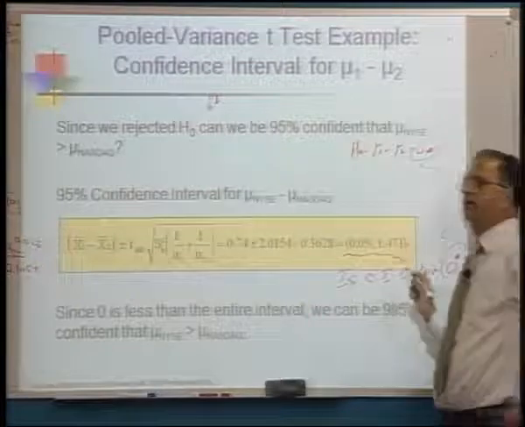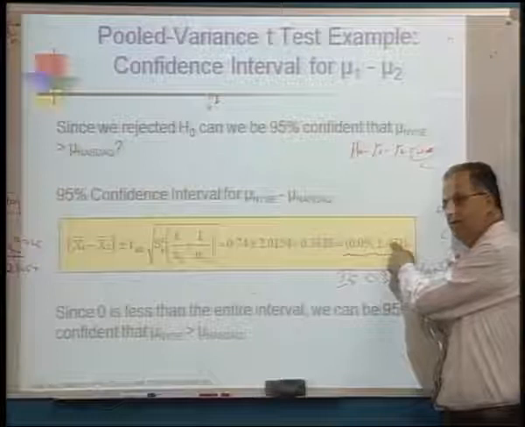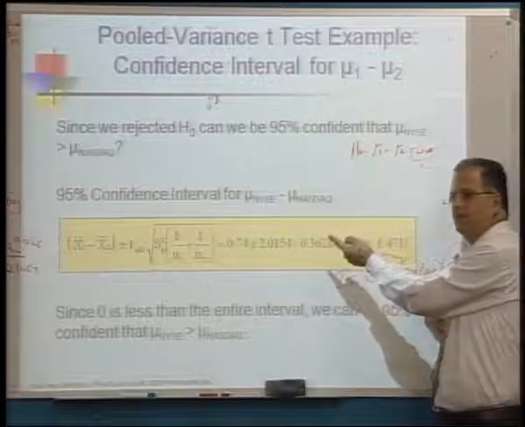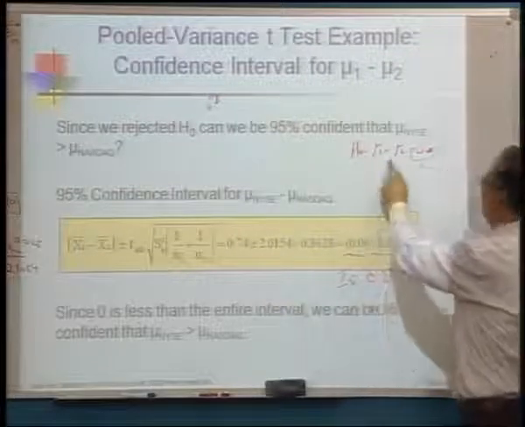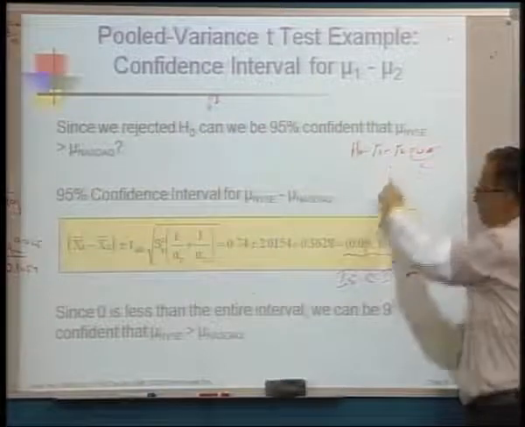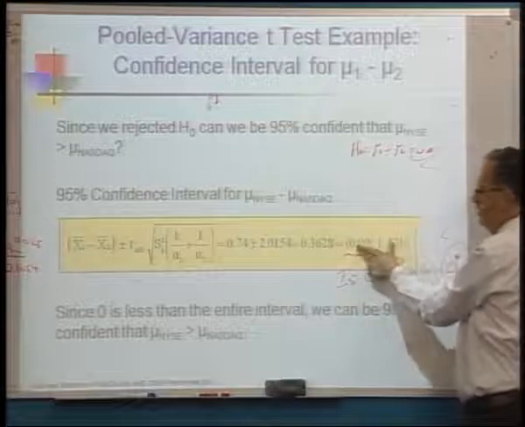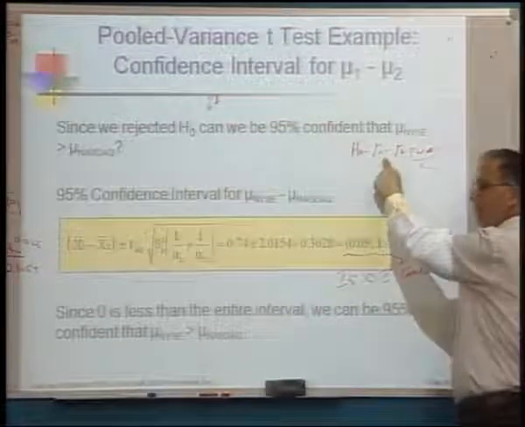Now, this interval, the lower bound is positive, the upper bound is also positive. So 0 is not inside the interval. So it's never equal to 0, so we reject the null hypothesis. Since 0 lies outside this interval, I mean the confidence interval does not contain 0, that means we have to reject the null hypothesis.